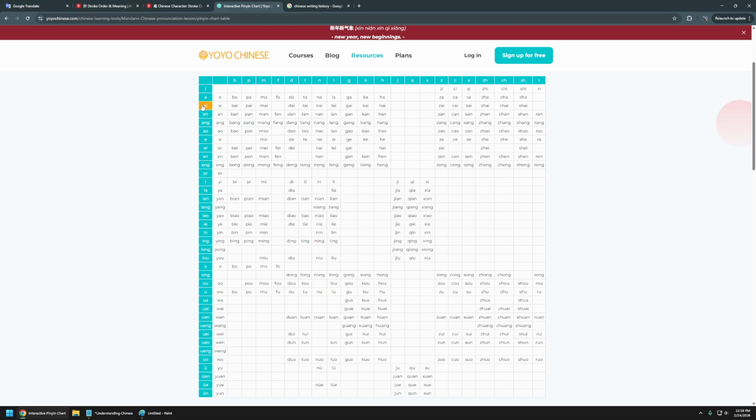But the general idea is each of these initials are always going to be pronounced the same. So the starting part is always the same throughout every time you see it. Same with the finals. Every time I see the final an, it's always an: ban, pan, man, fan, dan, tan, nan, right? It's going to be the same.